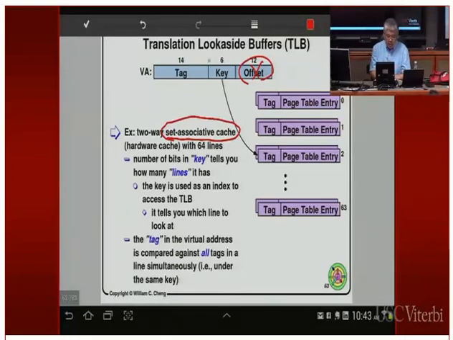One is called the key, and that one tells us which cache line to use. So these are cache lines. If we have 64 cache lines, then we need 6 bits over here. So if we have 6 bits, that means we have 64 cache lines. By looking at this key, it will tell us which cache line to use.